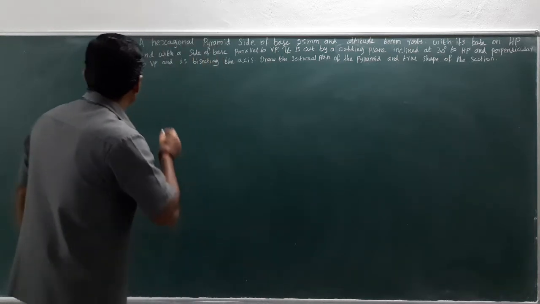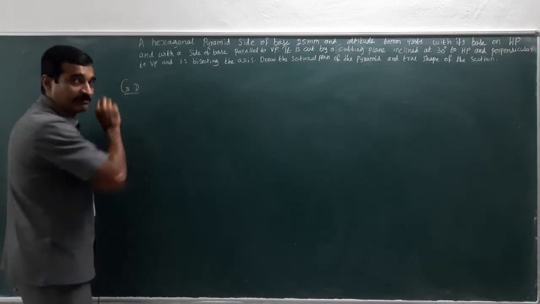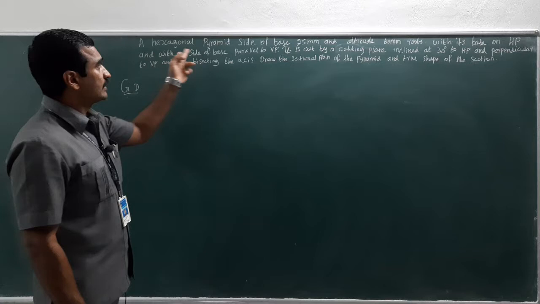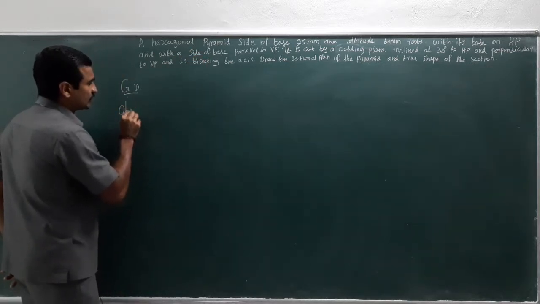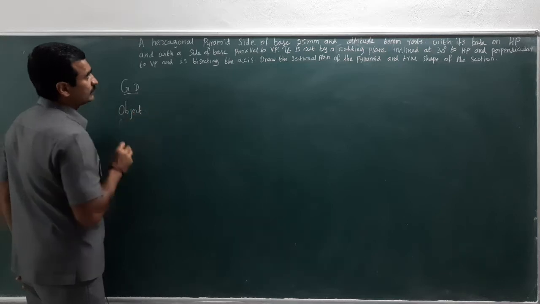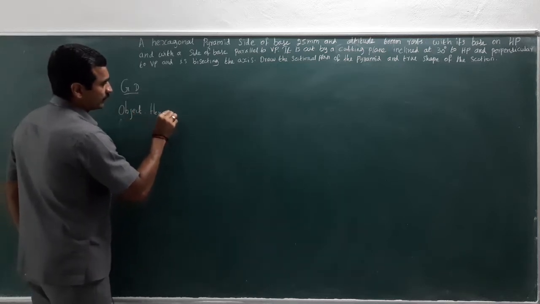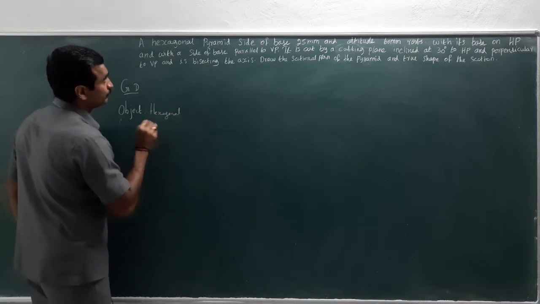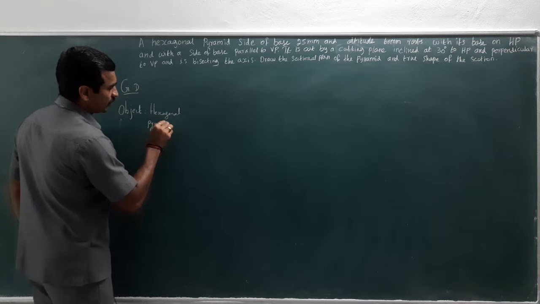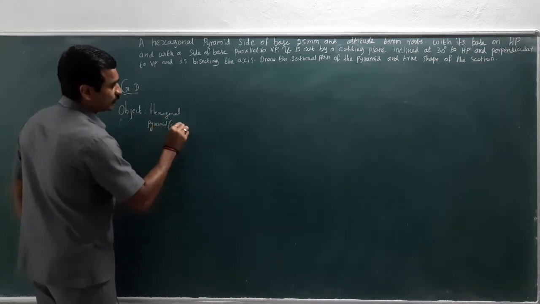So let me just extract the information from the given question, that is given data. The object is a hexagonal pyramid, of side 25 mm.